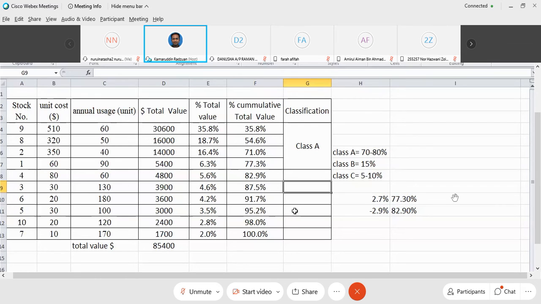So we decide that this item will be included in class B item, and the rest of the items will be included in class C item.